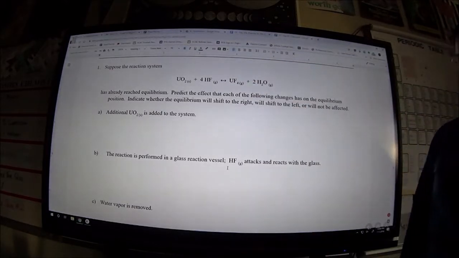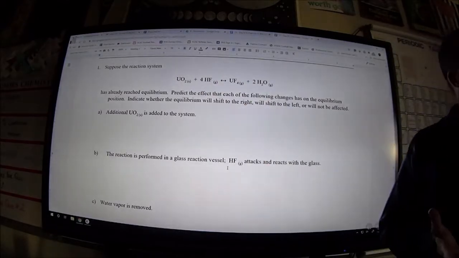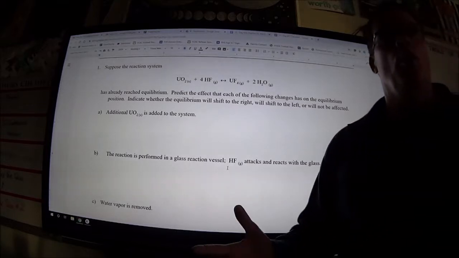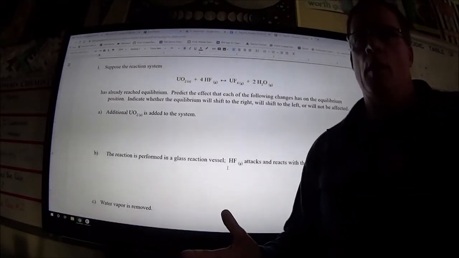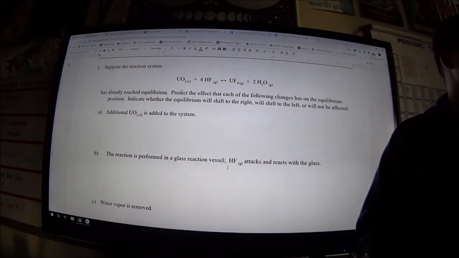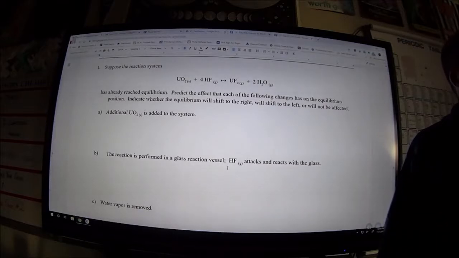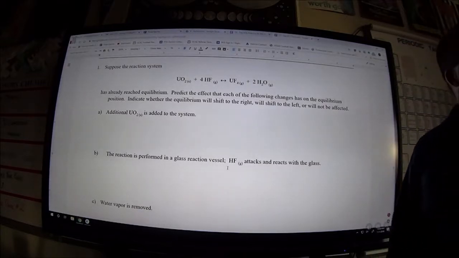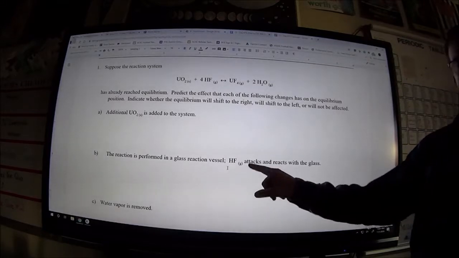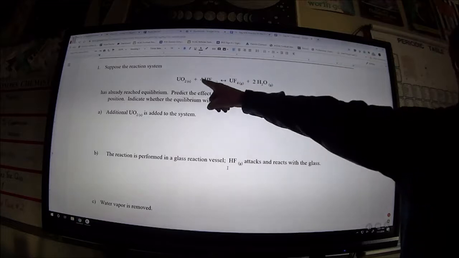Good. Can you explain why? If I take some of this out, does the K value, or the equilibrium constant, change? No. K remains the same unless what changes? Temperature. Right. So we know that HF is being removed because that's what's attacking and reacting with the glass, and glass is not in this equation.